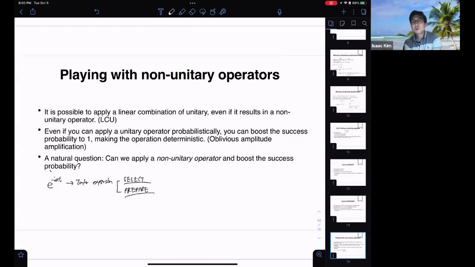Right. So there was some interesting work by Ewin Tang. This is not about Hamiltonian simulation, and I will probably not talk about this in this course, but there is this algorithm called the HHL algorithm, which basically solves systems of linear equations on a quantum computer. Basically, you have Ax equals b, and you want to solve for x.